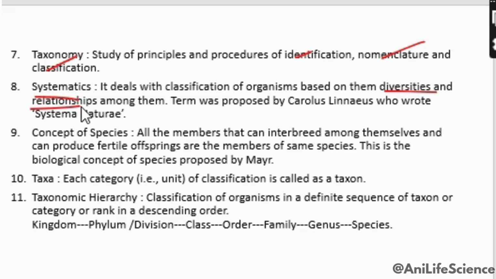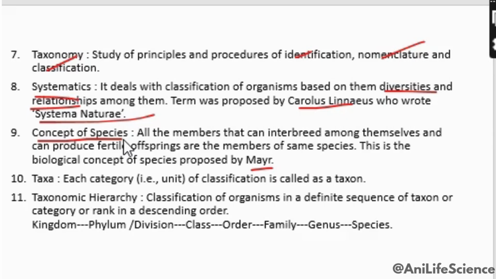This idea of systematics was developed by Carolus Linnaeus, who also wrote a famous book called Systema Naturae. When we talk about species, we mean a group of organisms that can breed with one another to produce fertile offspring. Mayr gave us this definition, known as the biological concept of species.